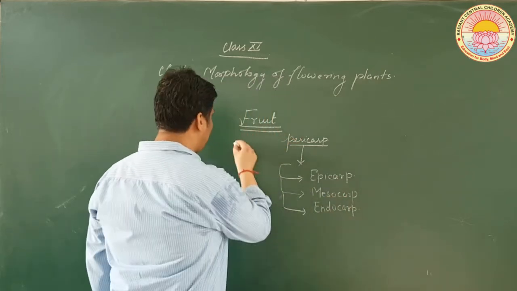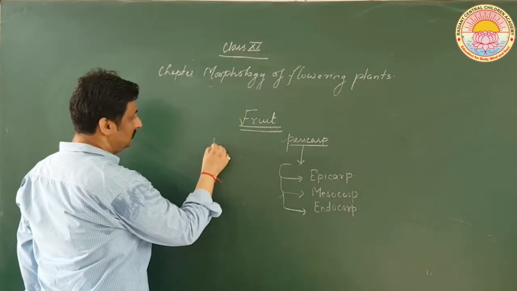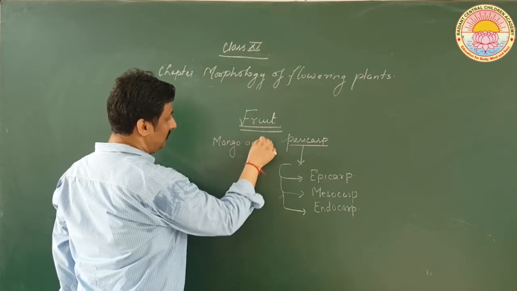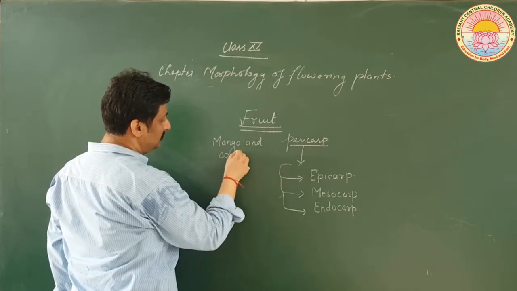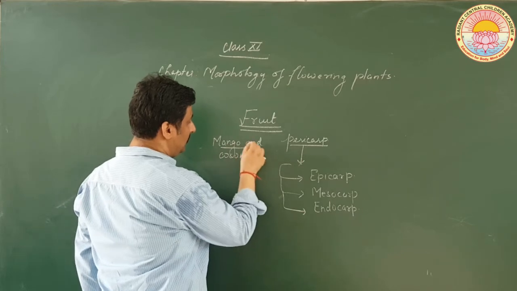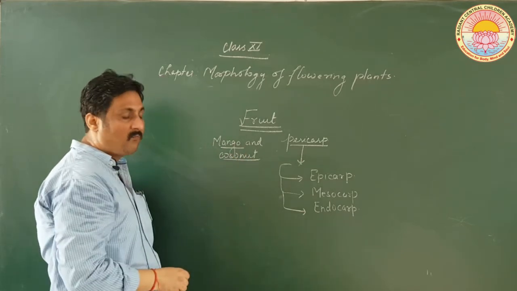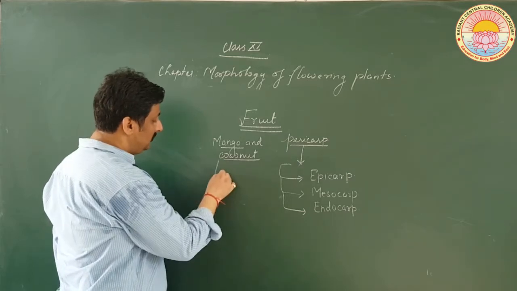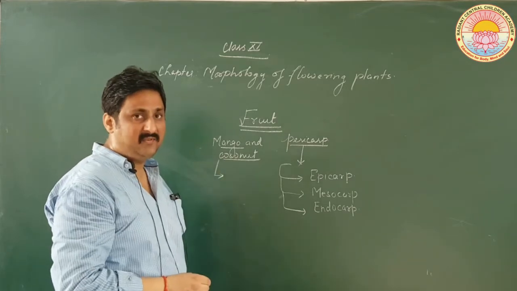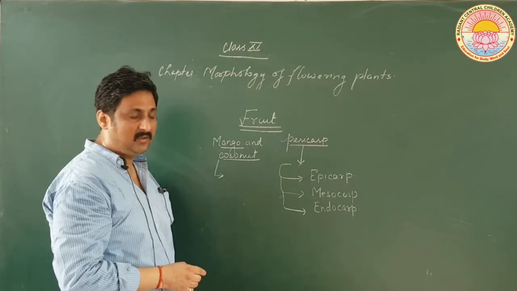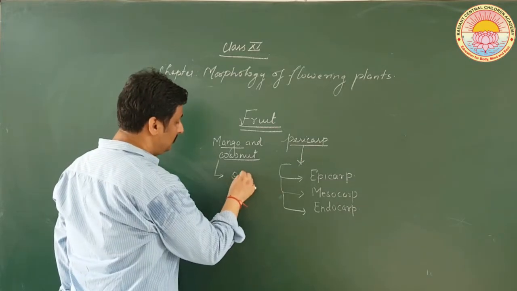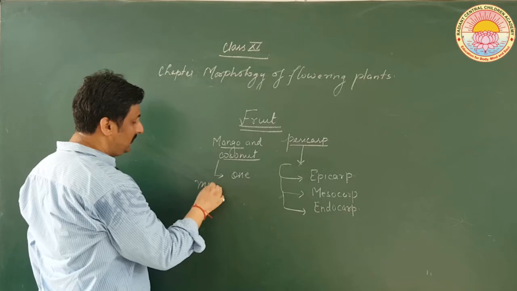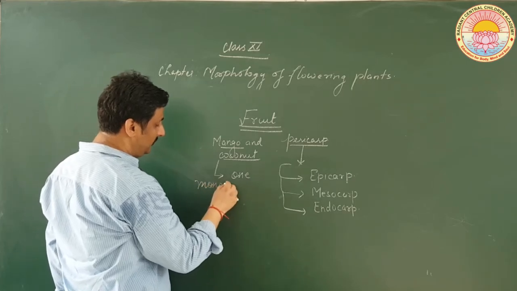In case of mango and coconut, the number of seeds present in the fruit is only one, and these arise from monocarpellary, superior ovaries.